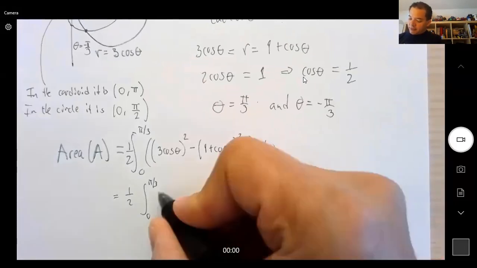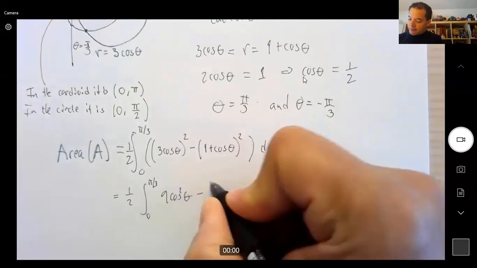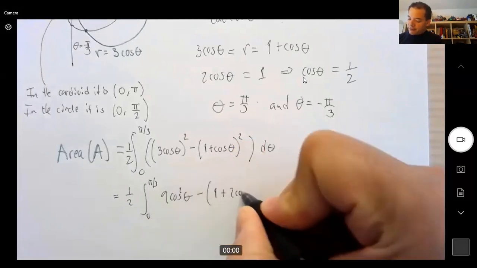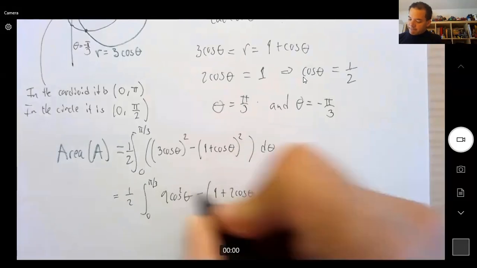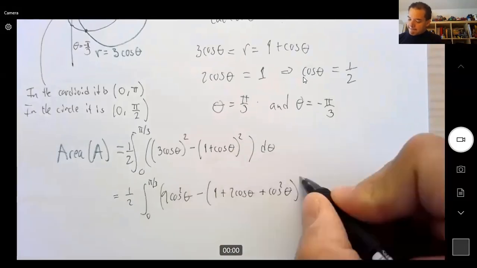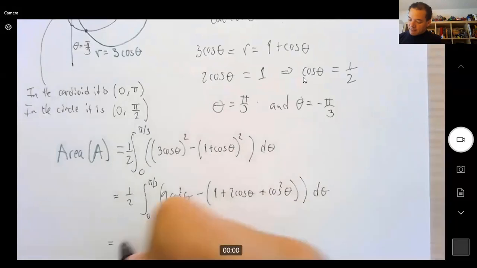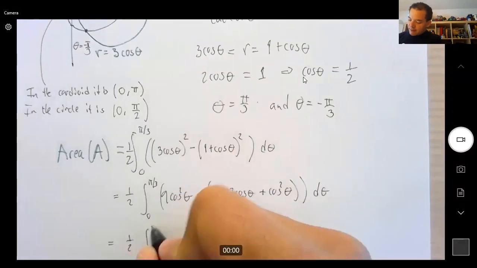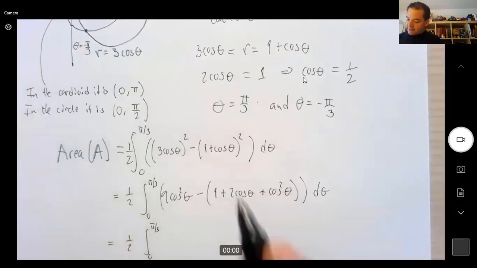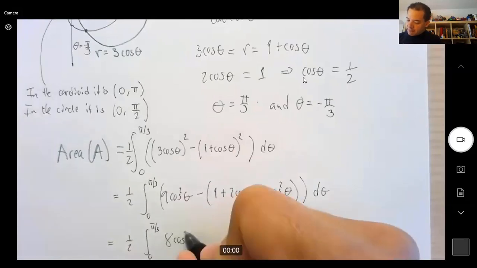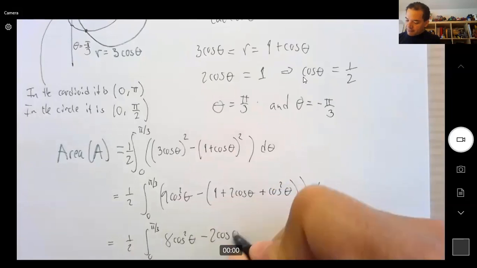It will be 9 cosine squared minus parentheses 1 plus 2 cosine theta plus cosine squared theta. Then we can combine these. 9 minus 1 is 8, minus 2 cosine theta minus cosine squared theta.